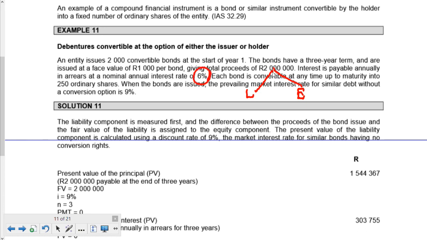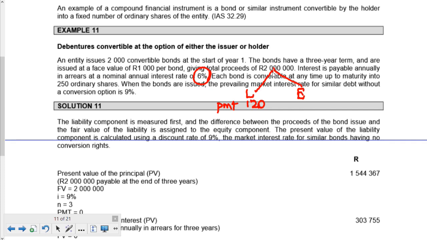So 6% of 2 million is 120,000 rand. The payment is 120,000 rand. Each bond is convertible at any time into 250 shares. When the bond is issued, the prevailing market rate is 9%. Where does it say when it ends? Issued at the start of year 1, a 3-year term.